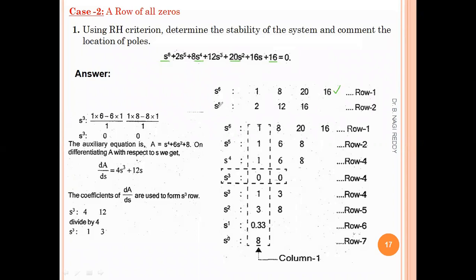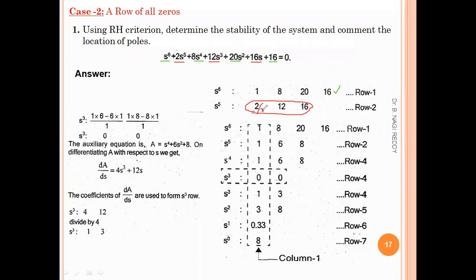Coming to the second row, which is the s power 5 row, we need to write the odd coefficients, which are 2, 12, 16. Now you can see here 2, 12, and 16, so we can simplify this row.